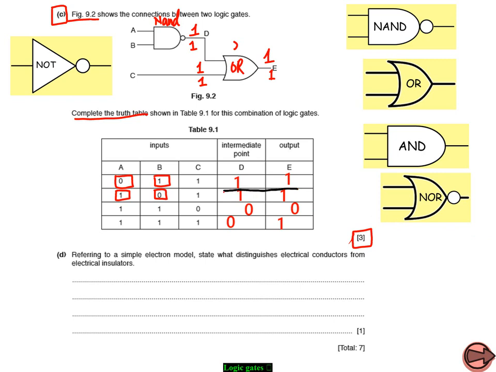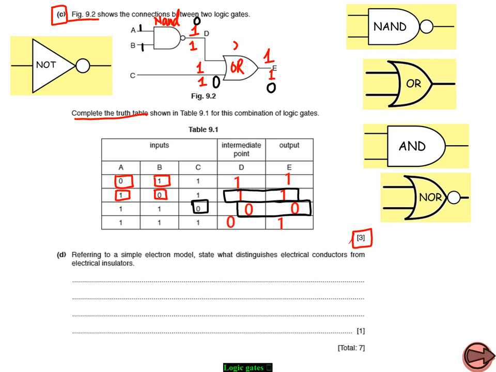Now the next thing: when A is 1, B is also 1, what will be the output? What is D here? This will be 0. Now, when that one is 0 and C is also 0, for the OR gate with 0 and 0, the output has to be 0. That's the reason we have these two zeros here.